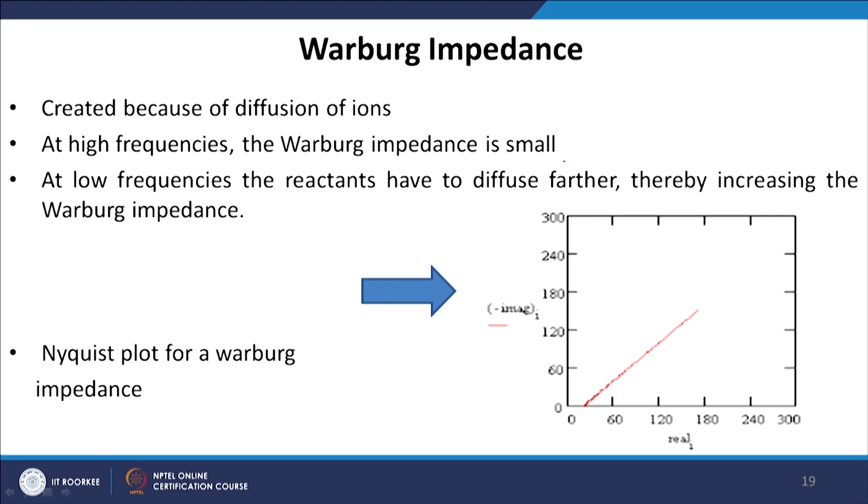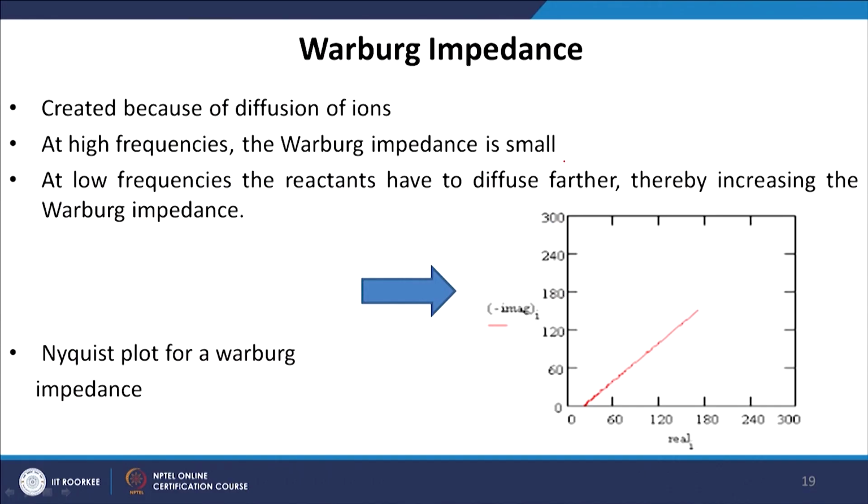At high frequencies, the Warburg impedance is small. Where do we get the high frequency? Towards the origin. There the Warburg diffusion component is small. At low frequency, the reactants have to diffuse further, thereby increasing the Warburg impedance. What is impedance? Impedance is the obstacle the electrons or ions will feel.